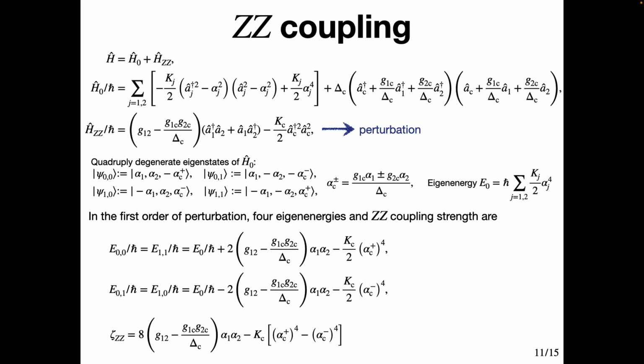And as I said, this HZZ is treated as a perturbation, and in the first order of perturbation, 4 eigenenergies and ZZ coupling strengths are calculated like this. And by controlling the parameters appearing here, we can switch on and off the ZZ coupling.